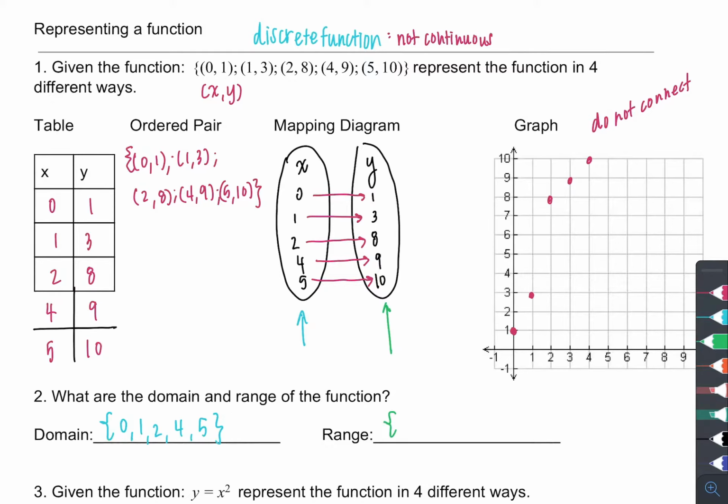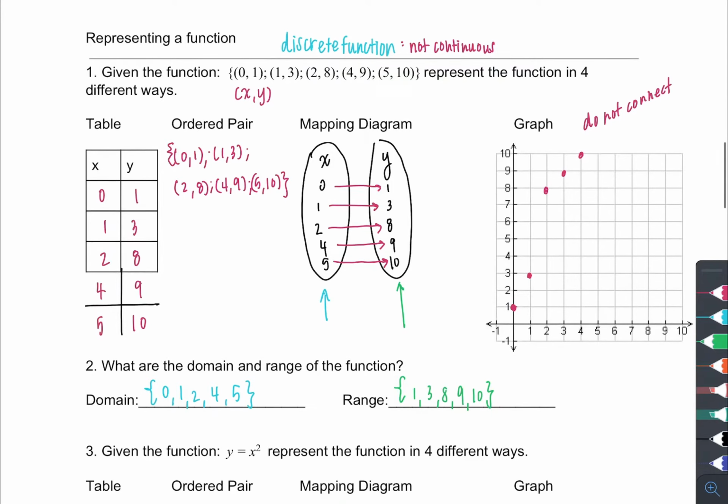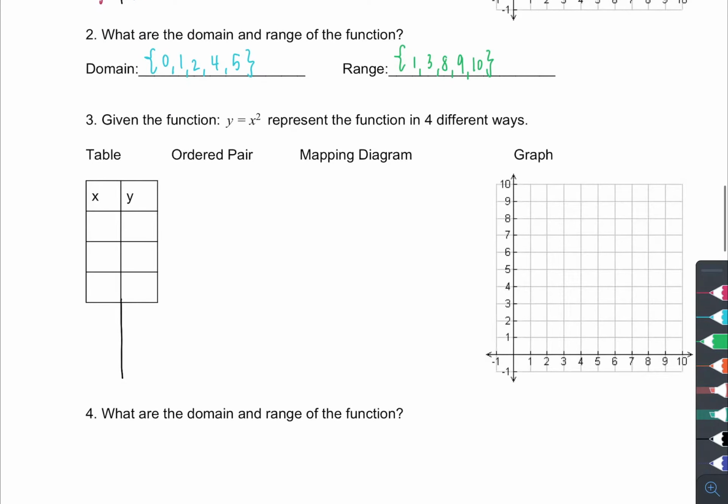Again, just list them. So we've got 1, 3, 8, 9, and 10. We want to make sure we use curly brackets and not any kind of other brackets because they mean different things. Okay, I want you to go ahead and try this next one on your own.